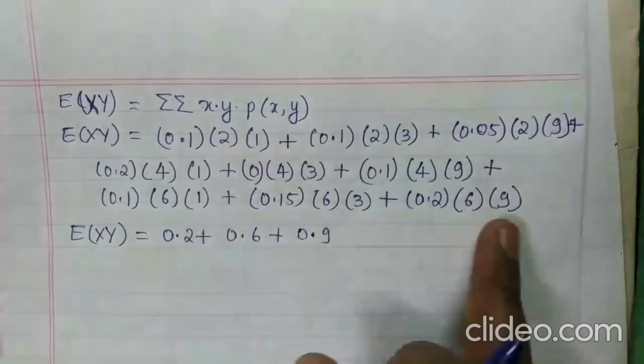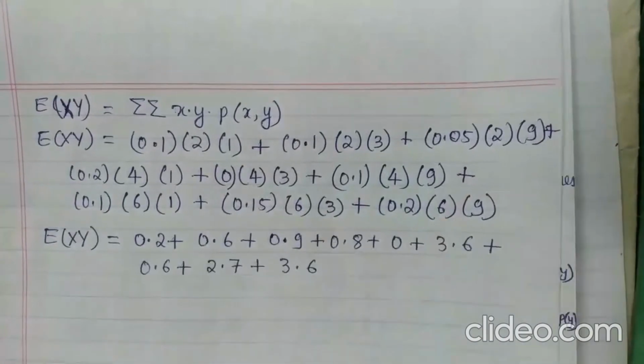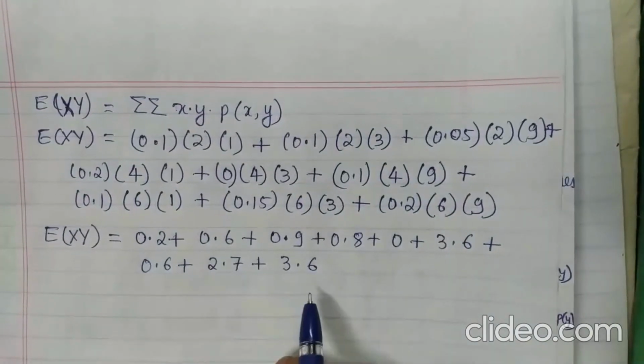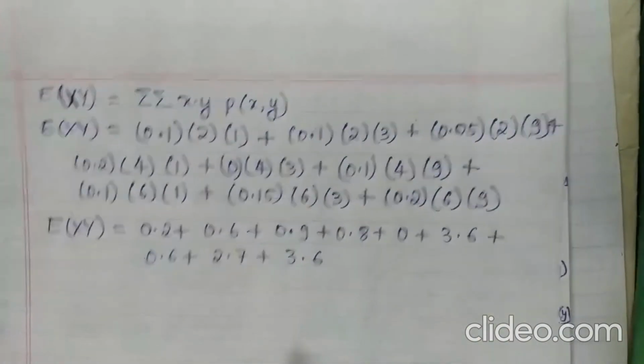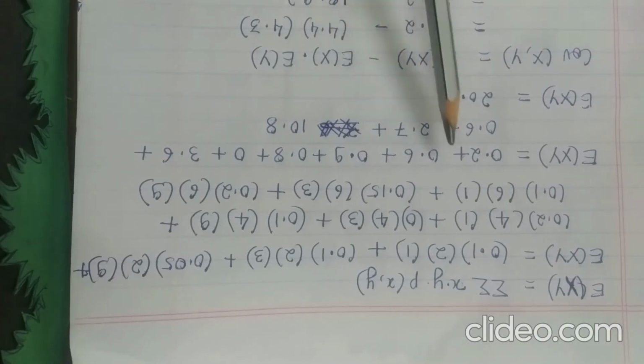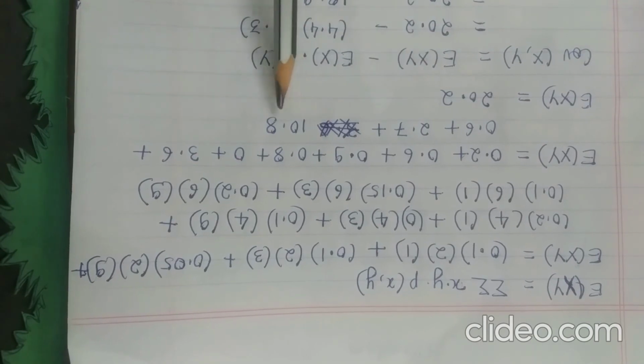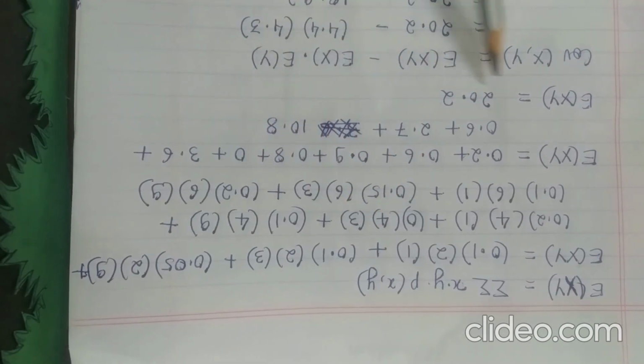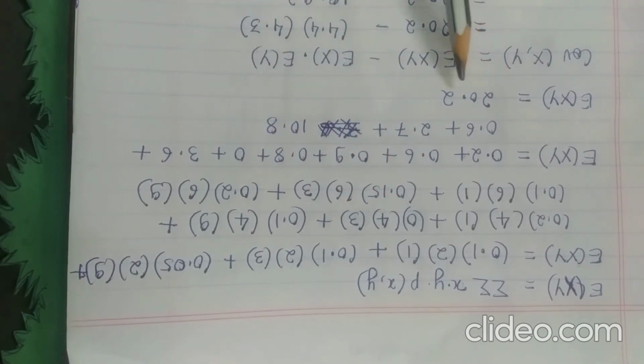You have to multiply everything. So we shall get like this once we multiply all these numbers. Just add up this. So the total here, if you add up all these things, is E of xy is equals to 20.2.